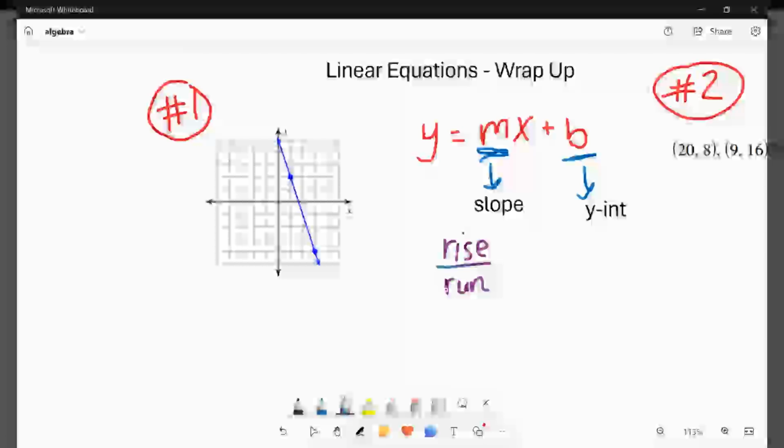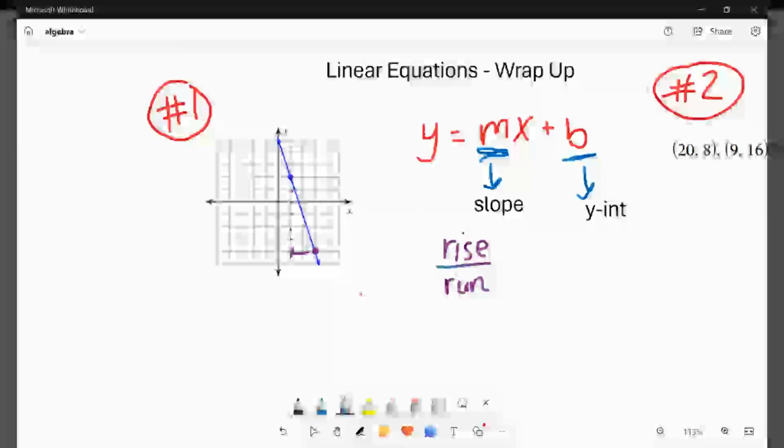So in this situation, let's start. Doesn't matter if we start down here or at the top, and you'll see why in a second. I'm going to start down here. Let's say we went to the left in the negative direction by 2, and we went up 1, 2, 3, 4, 5, 6.